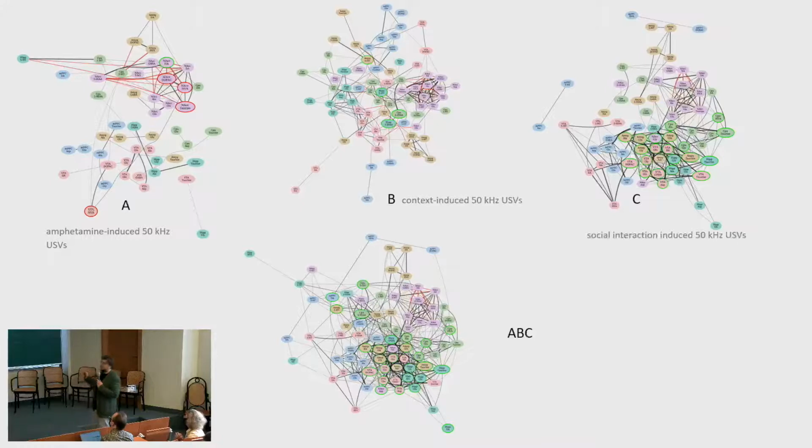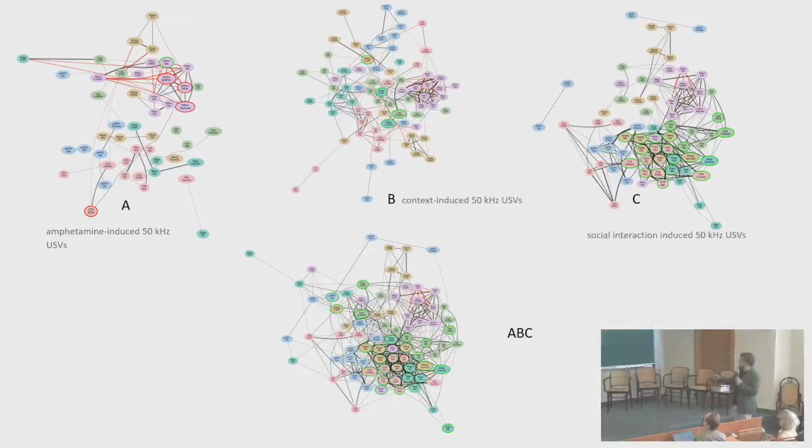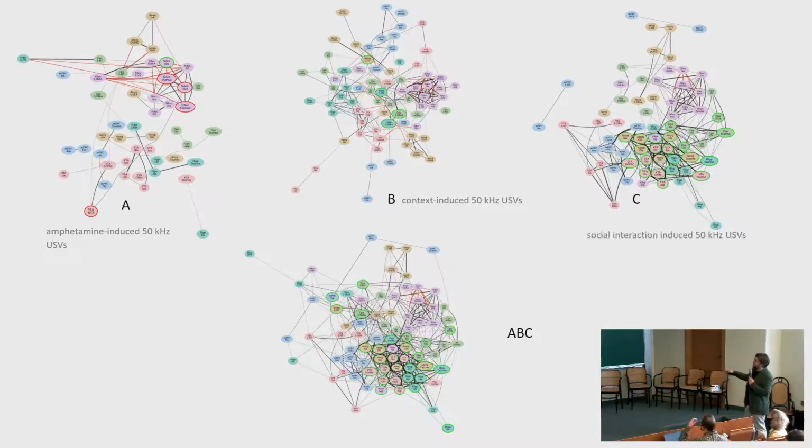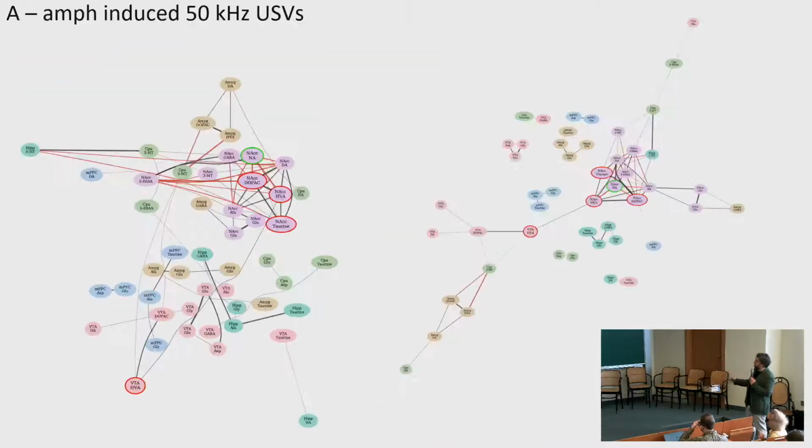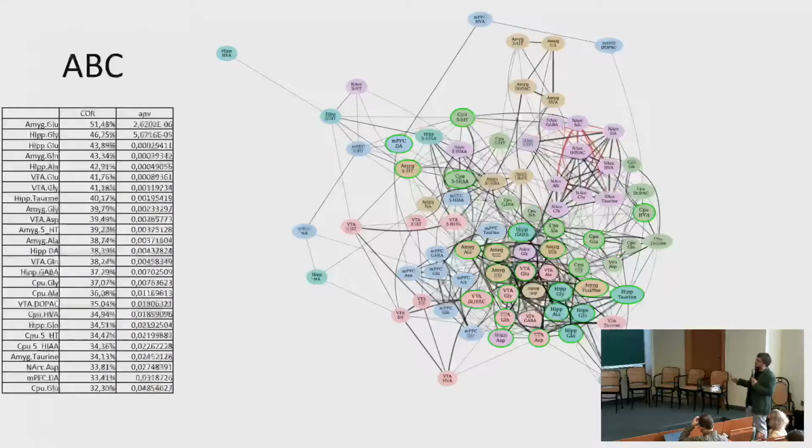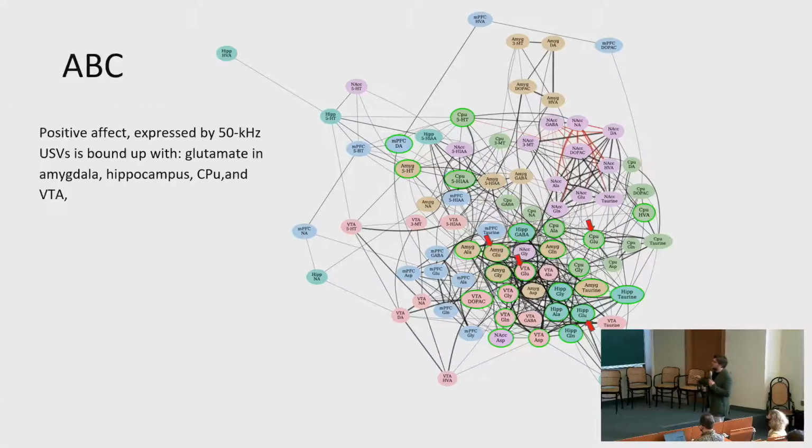All right, so we've got three models of the correlation between neurotransmitters, when we put all those experiments together and find what is the background of the 50 kilohertz calls. So we've got glutamate.